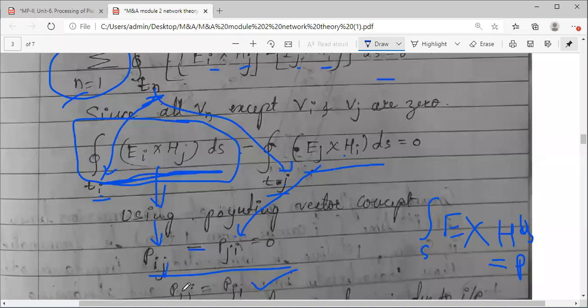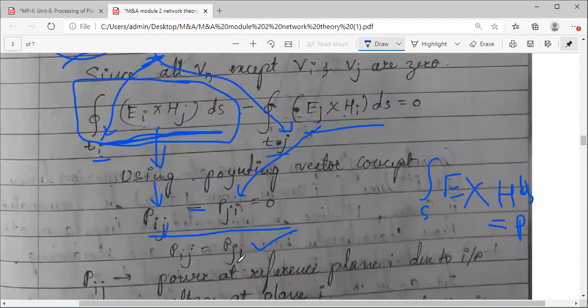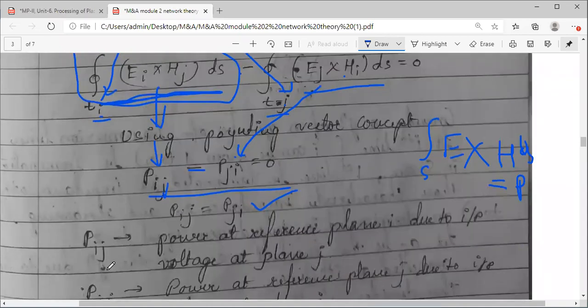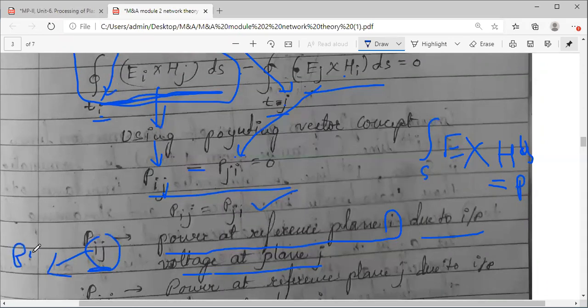Now we have to see what is the meaning of Pij and Pji. Pij indicates the power at the reference plane I due to the input voltage at plane J. So out of these two, the first subscript indicates where you are measuring power, that may be an output kind of plane, where you have to measure the power.